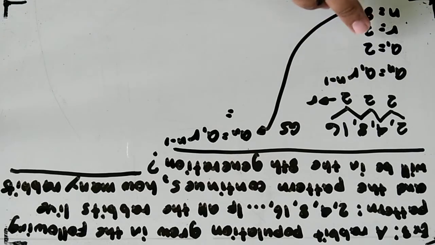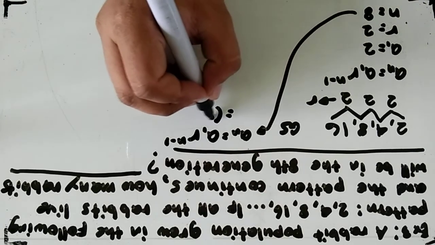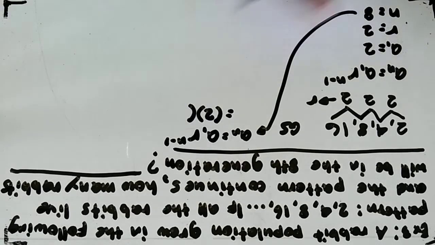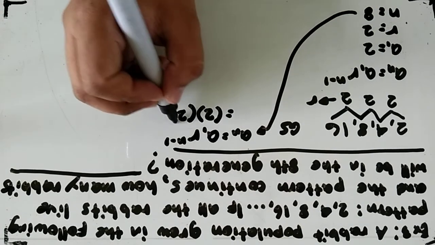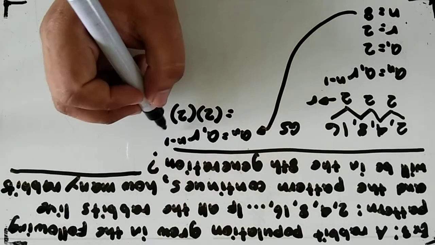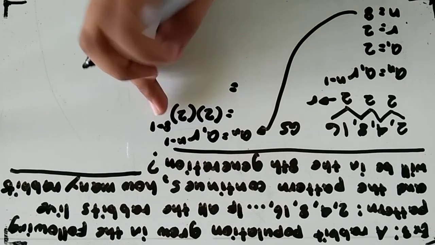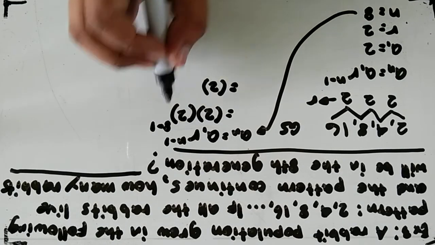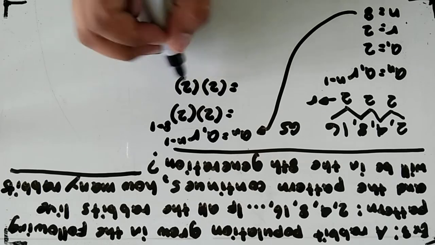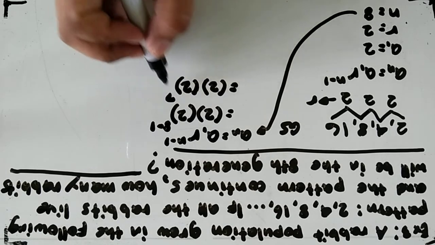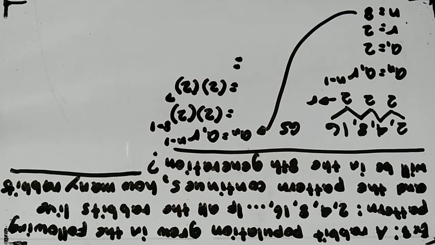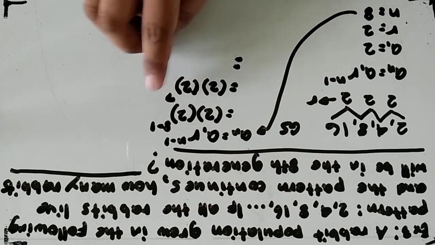So our a sub 1 is 2. So meron tayo ditong 2. Yung r natin ay 2. Then our n is 8, 8 minus 1. So unahin natin i-subtract yung taas. 8 minus 1, that is 7. So magiging siyang 7. So what is 2 raised to 7?